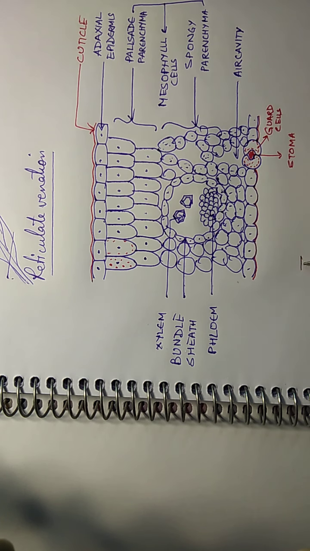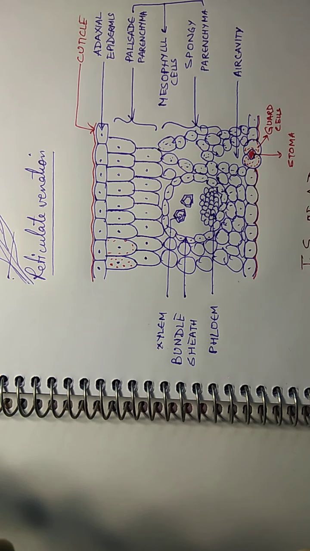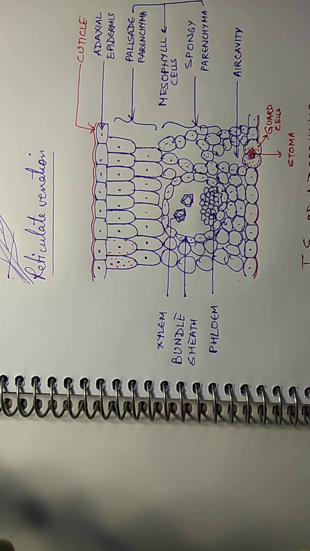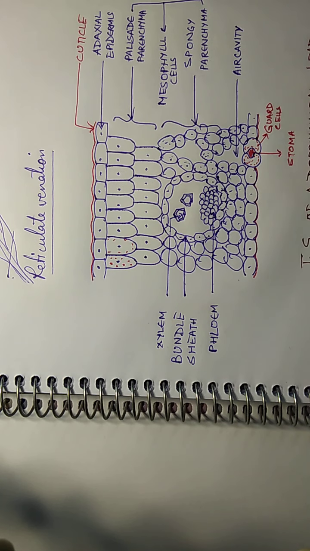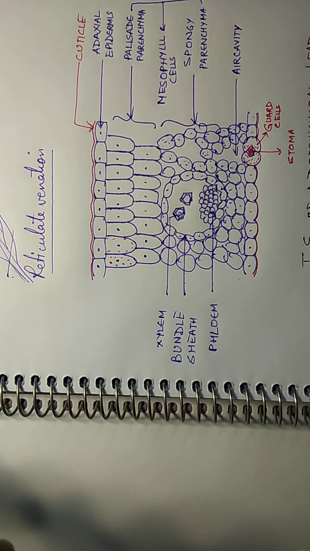So we can label it as TS of a dorsiventral leaf, which tells us it is a dicot leaf.